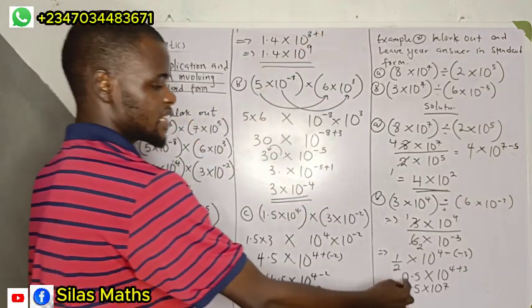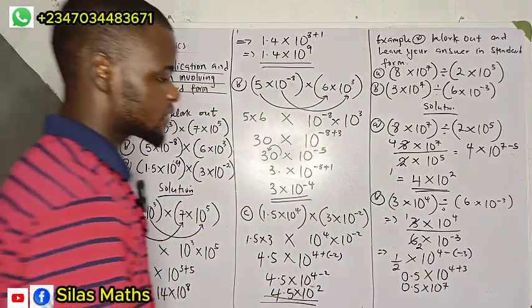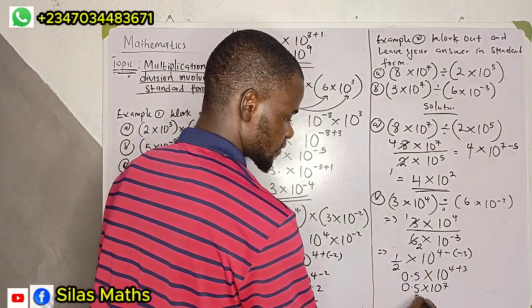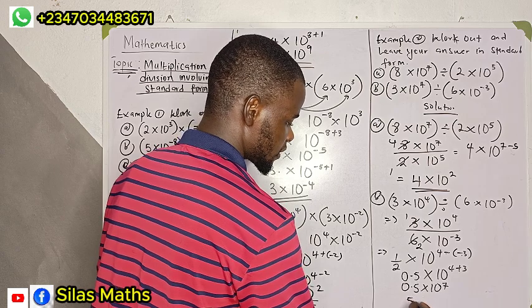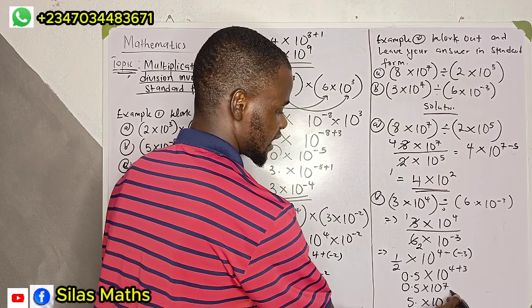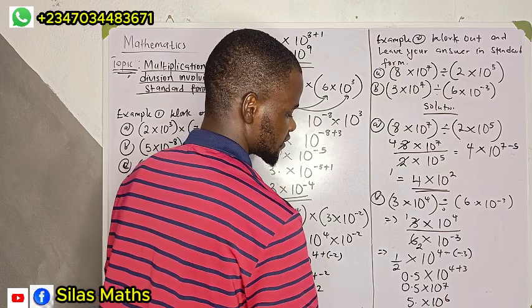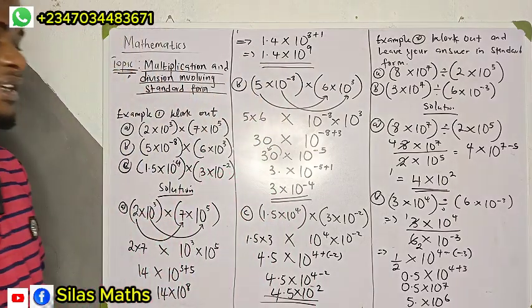So if I move the point forward, I'm going to subtract 1 from the power. So this becomes 5 point, times 10, then I'll subtract 1 from the power, so it becomes raised to the power 6. So that is the answer.